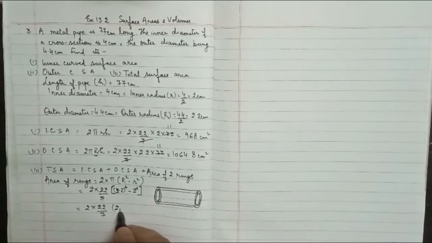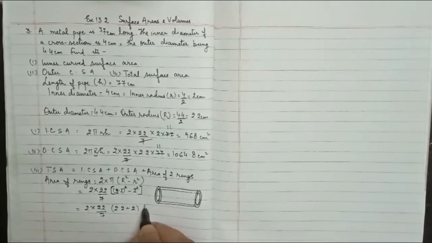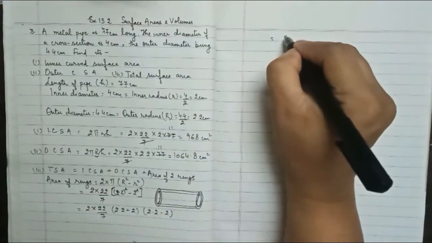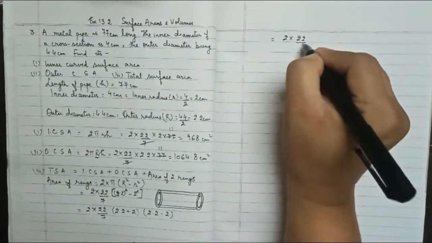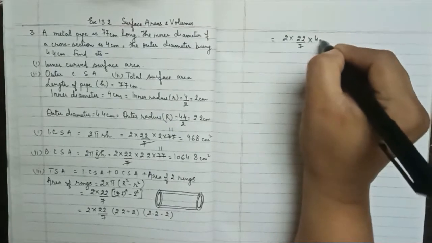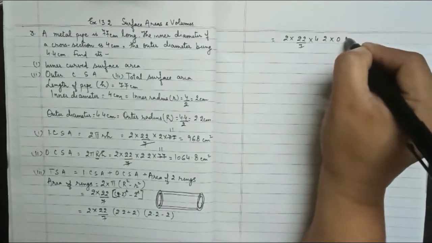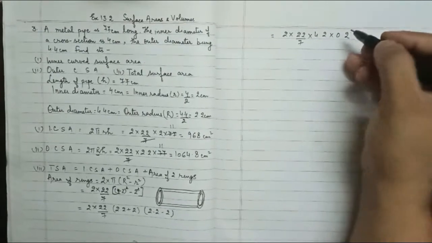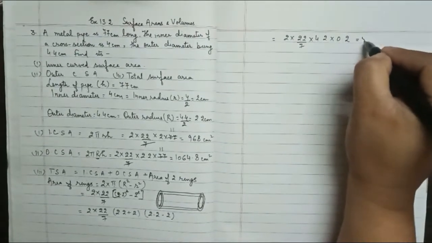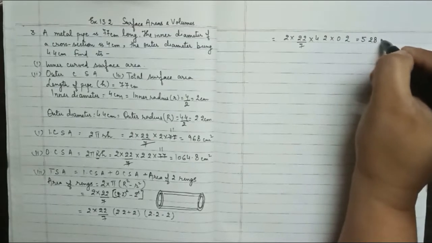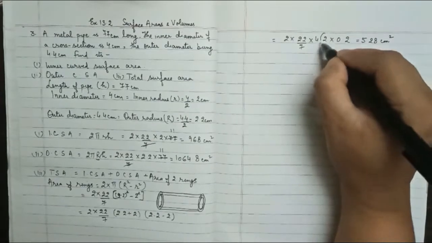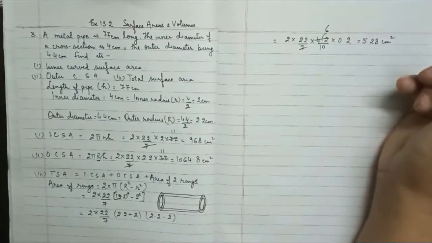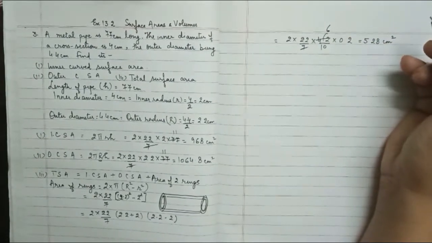So this will become (2.2 plus 2)(2.2 minus 2), which is equal to 2 into 22 upon 7 into 4.2 into 0.2, which is equal to 5.28 centimeter square.